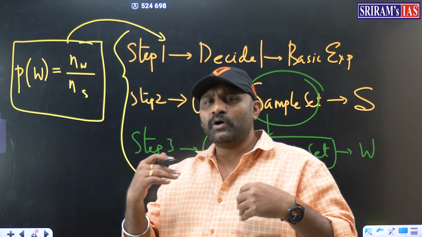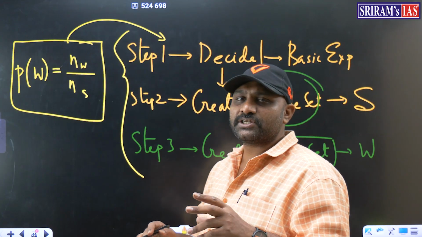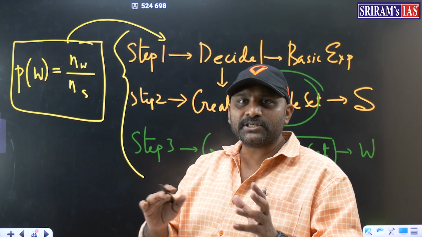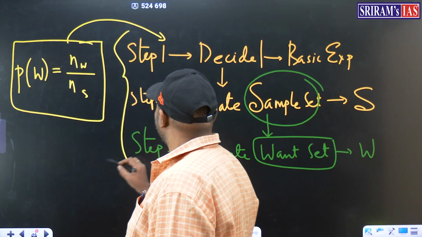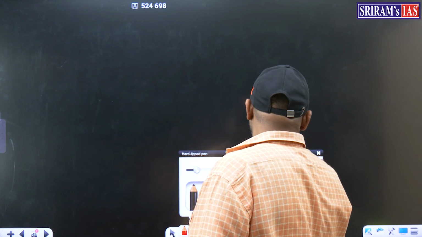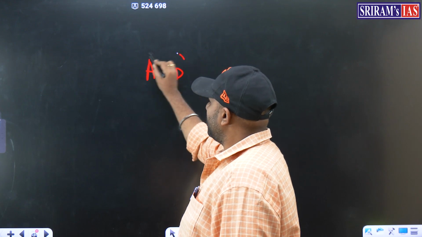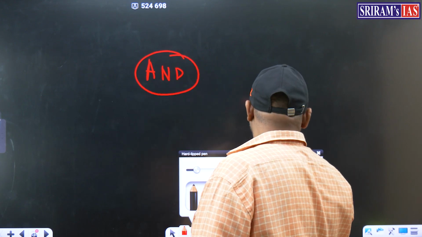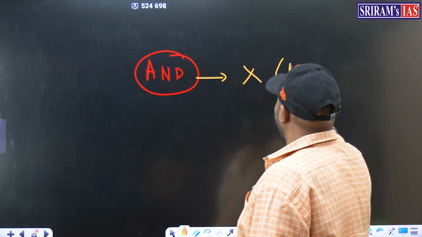Remember one more thing: apart from this, sometimes the situations are 'and' situations and 'or' situations. There are mutually exclusive cases too, but in simple terms, remember this, it is also very important. Whenever they use the word 'and', you simply multiply.